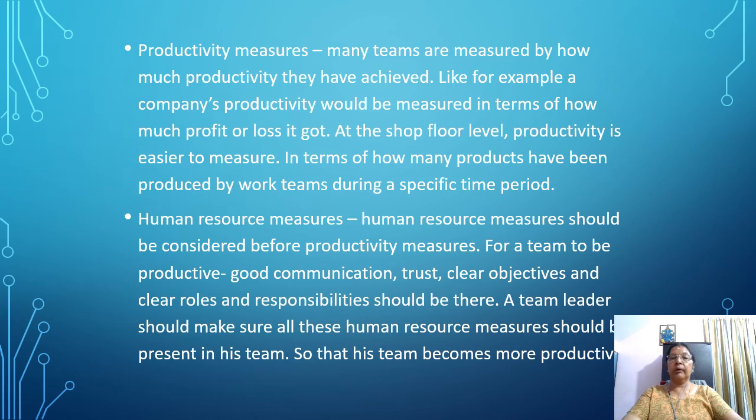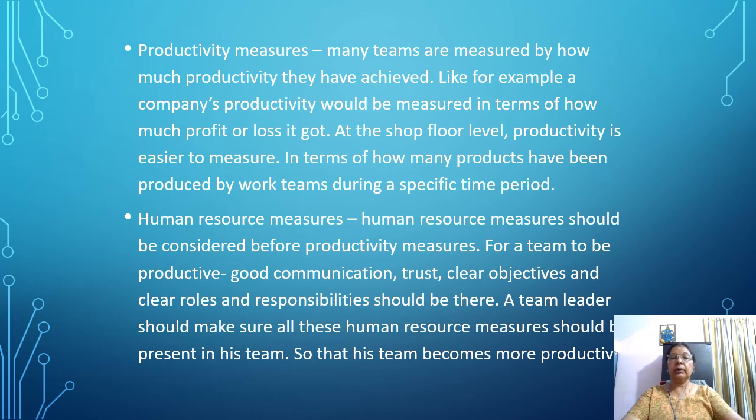At the shop floor level, that is at the factory level, productivity is measured in terms of how many units of the product they have produced during a specific time period. So, productivity measures are measuring how productive the team was during a particular time period.